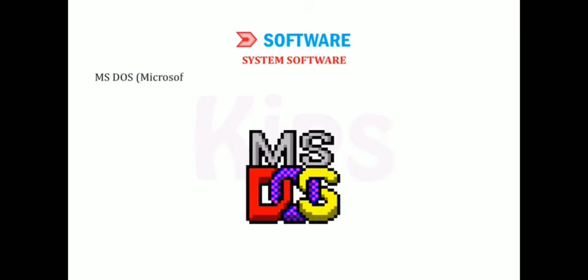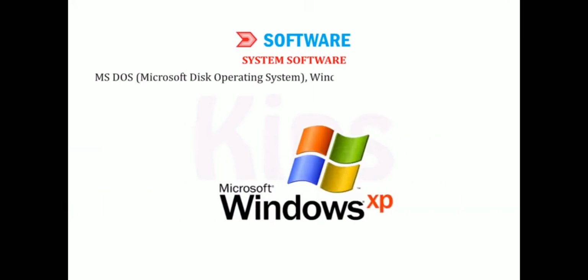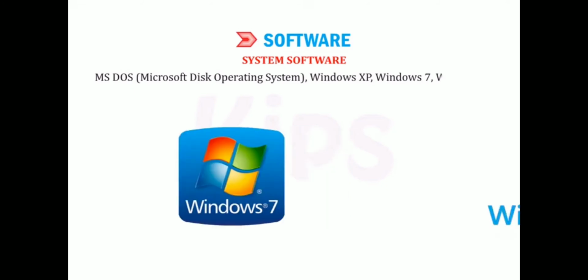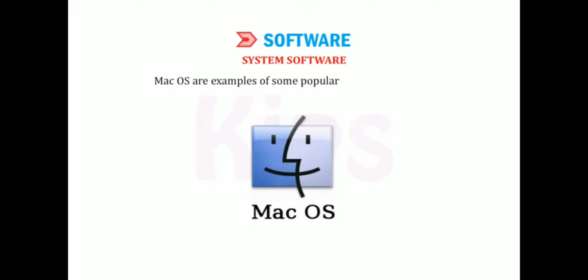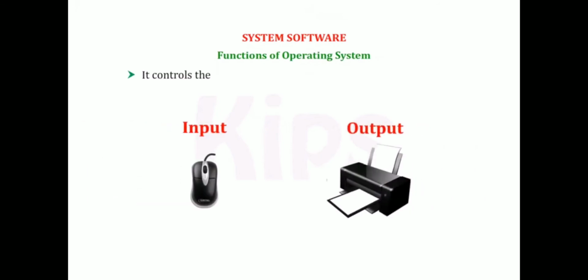MS-DOS, Microsoft Disk Operating System, Windows XP, Windows 7, Windows 8, Windows 10, Unix, Linux, Mac OS are examples of some popular operating systems. Functions of operating system: It controls the overall working of input and output (I/O) devices.